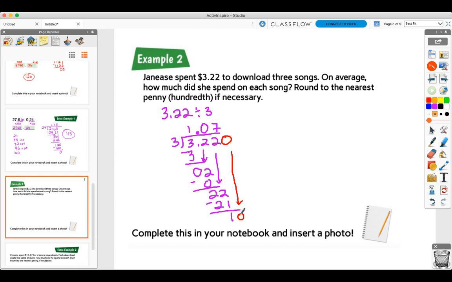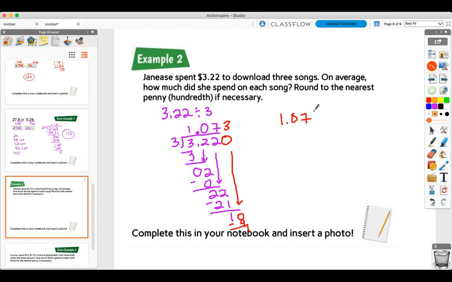3 goes into 10 3 times. 3 times 3 is 9. And 1. You only want to know this because it doesn't go evenly; you have to check what the number after it is.